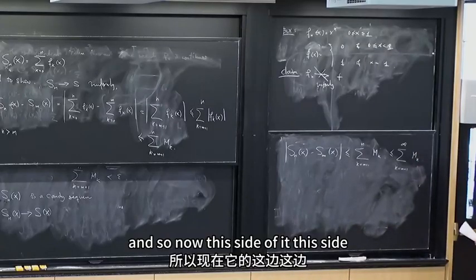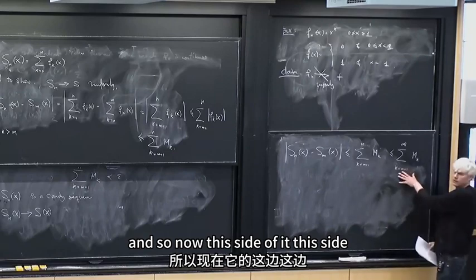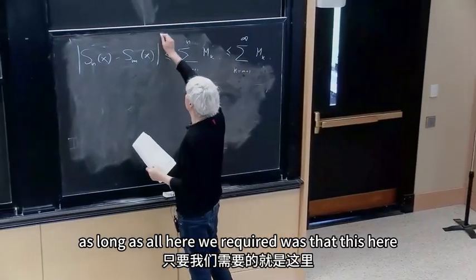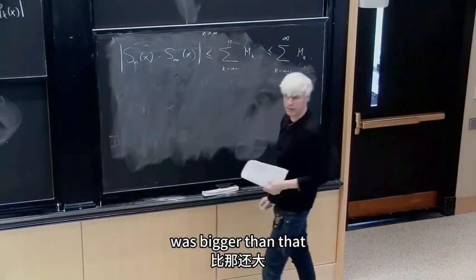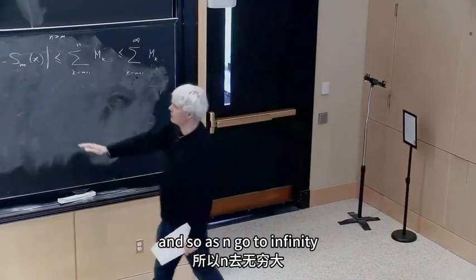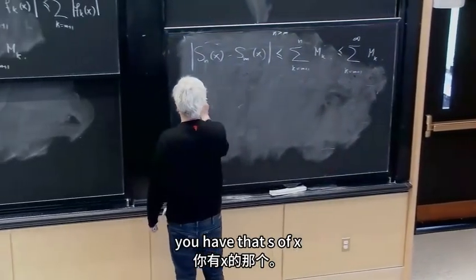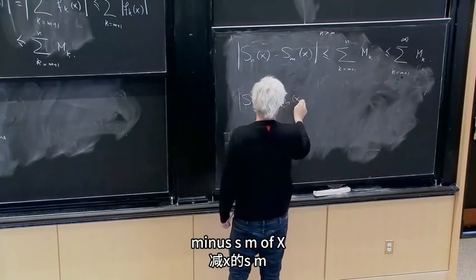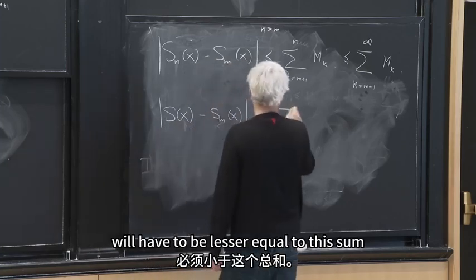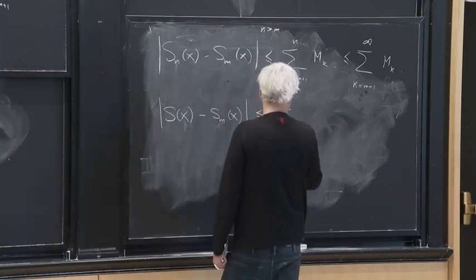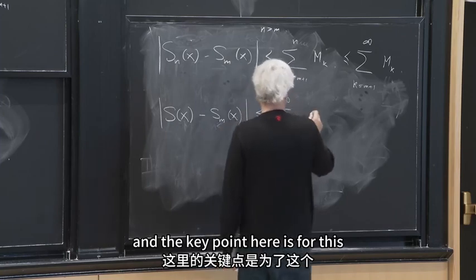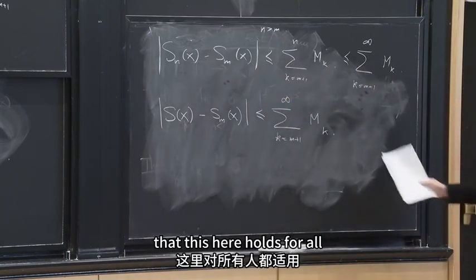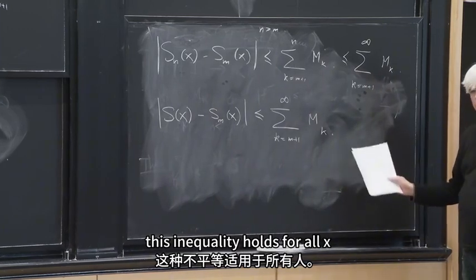And now this side does not depend on little n. All we required here was that n was bigger than m. And so as n goes to infinity, S of x minus Sm of x will have to be less or equal to this sum. And the key point for this Weierstrass M-test is that this inequality holds for all x.